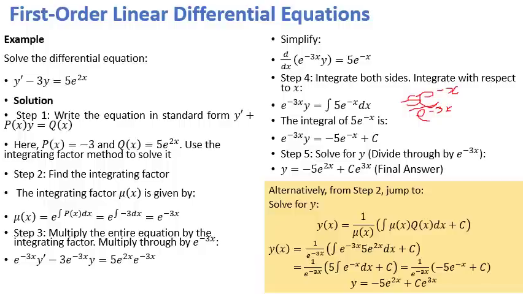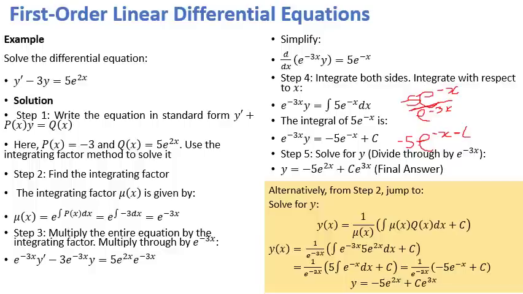According to the law of indices, these are of the same base, so it will then transform to minus 5 exponential minus x. Because of the division here, we subtract the power, because they are of the same base.